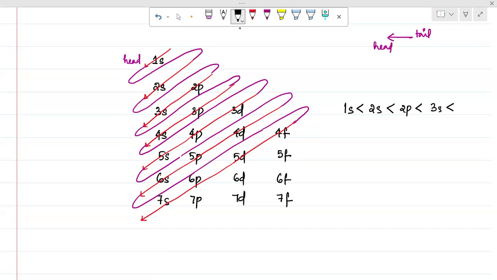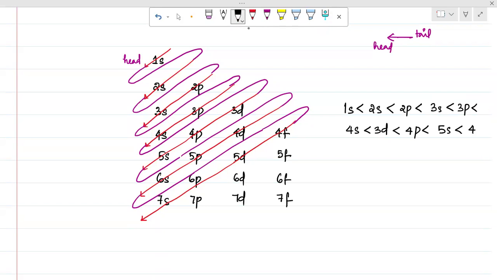Then it turns and hits 3p, 4s. After 4s, you can see that it is not 3s, 3p, 3d. Instead, it has hit 4s, and now it is turning and coming to 3d. Very important, 3d.